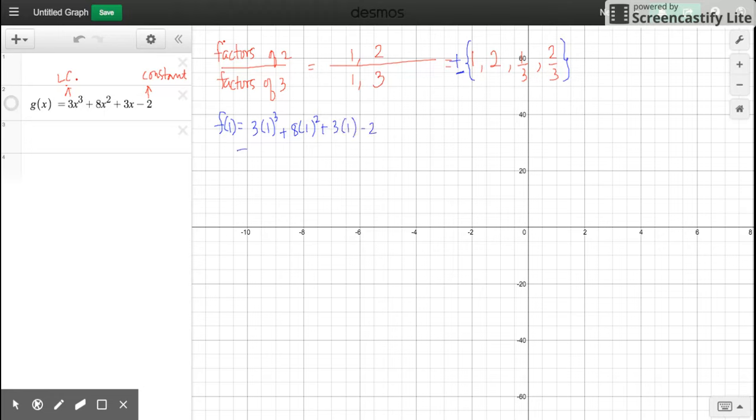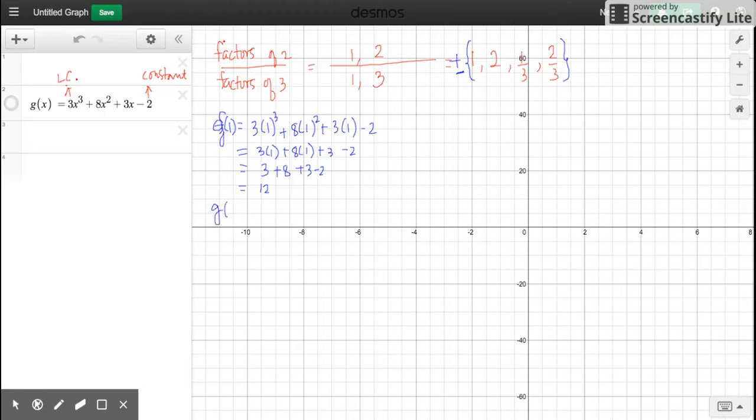All right, so this is going to be 3 times 1 plus 8 times 1 plus 3 minus 2, which gives us 3 plus 8 plus 3 minus 2, which is 11, 14 minus 2 is 12. Therefore, it's not a 0. Therefore, 1 is not a 0 of the function. Oh, this should be g.